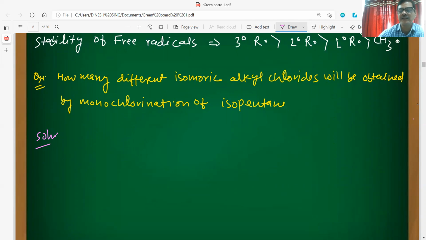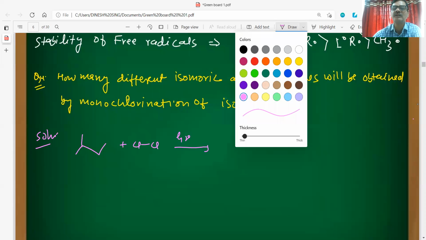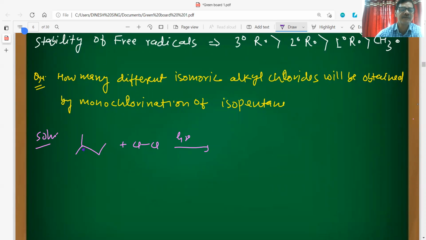For this, we can see this is isopentane and this is Cl2 with light, and the reaction is taking place. Here we can see this is one type of carbon-hydrogen atom, here is another type of hydrogen atom, here another type, here another type.